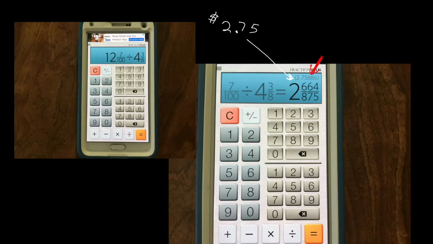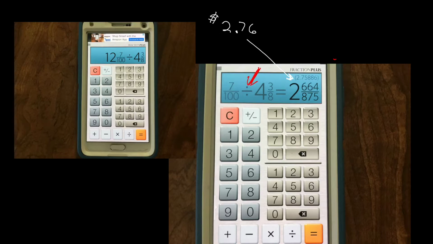The answer I got was this fraction, so I look right here to see what the decimal answer is, since this is talking about money, and it's 2.75886, so I round it to $2.76.